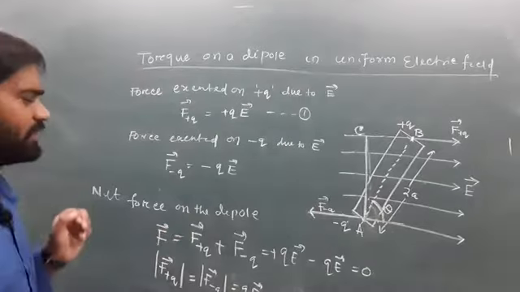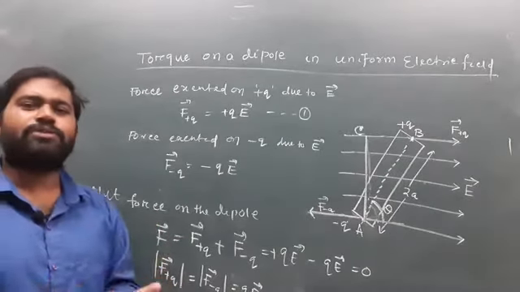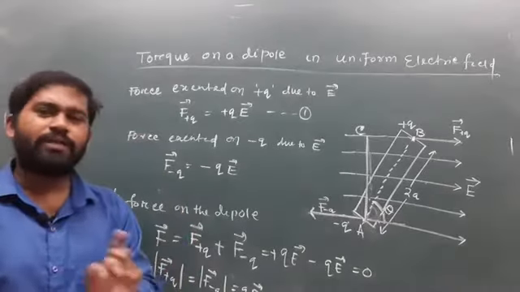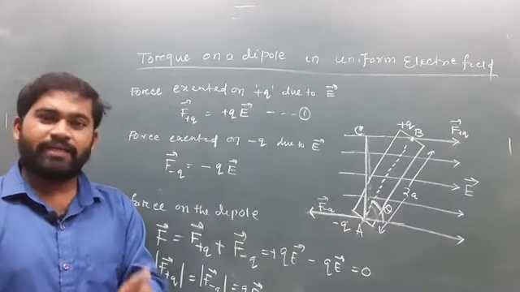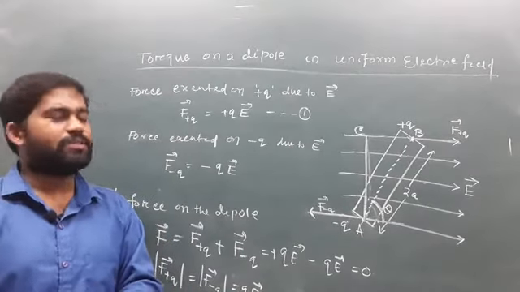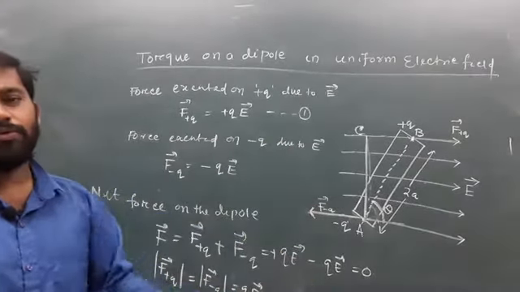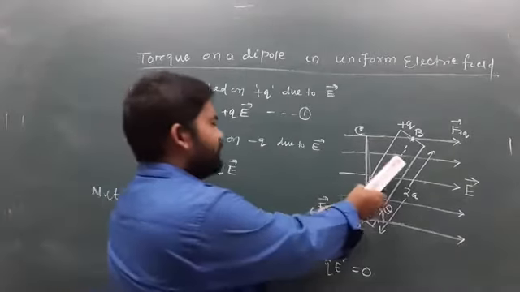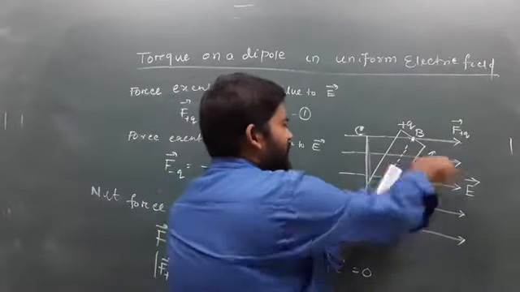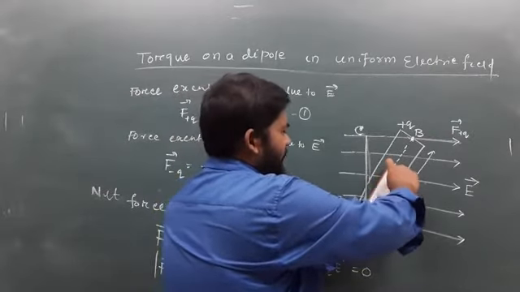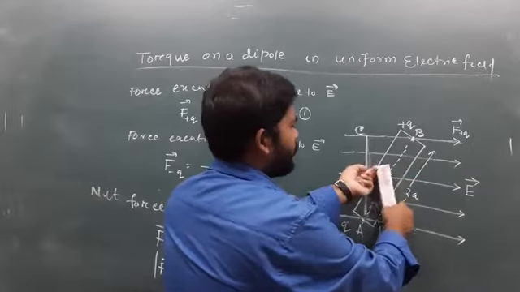So when forces have equal magnitude and a different line of action, they constitute a couple. Because of this couple, the dipole starts rotating like this. One is along this direction, another is along this direction, so when they act simultaneously, the dipole starts rotating.